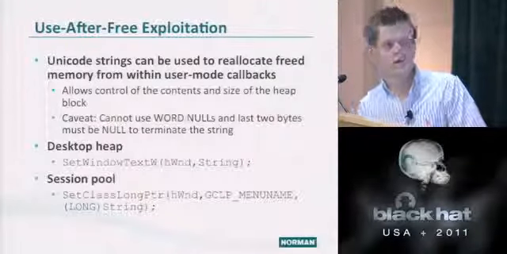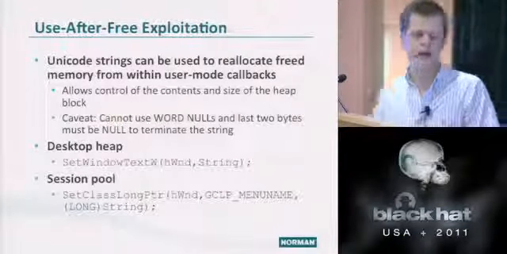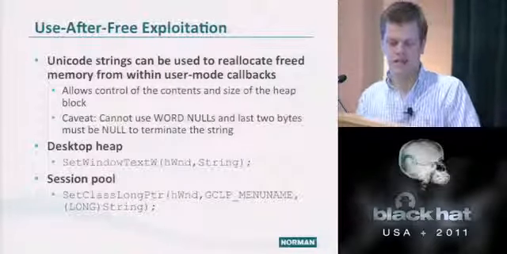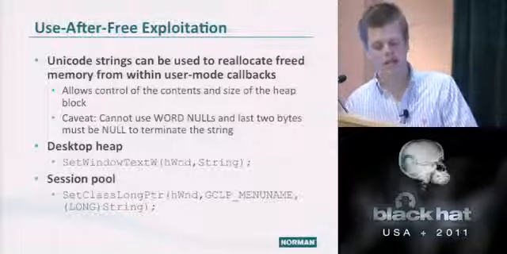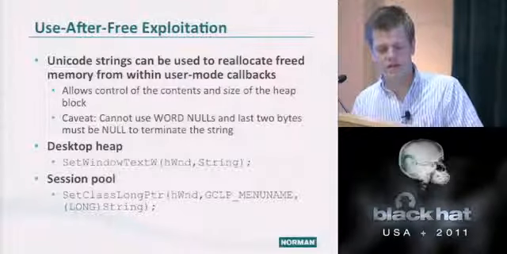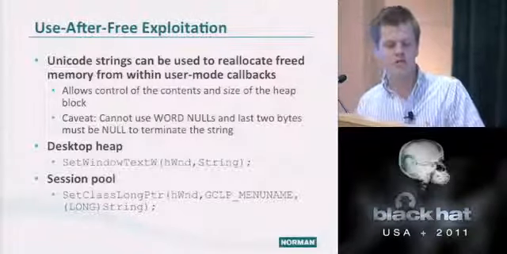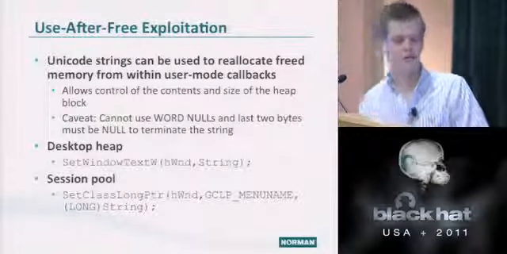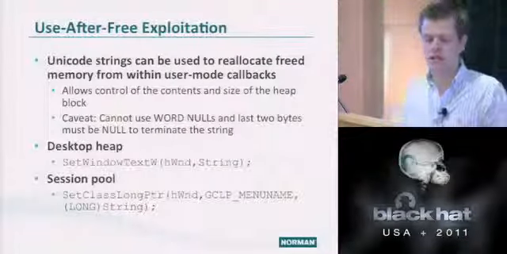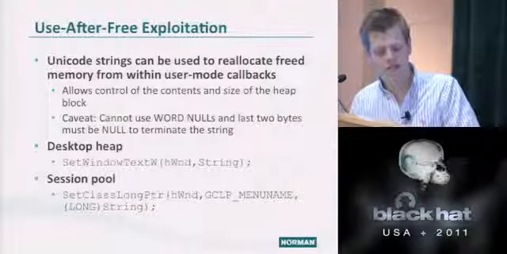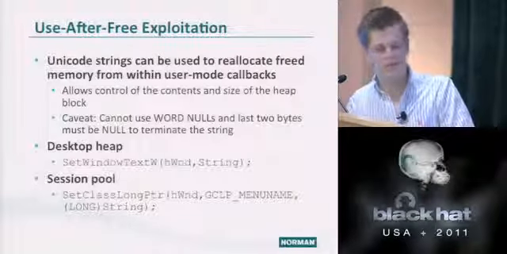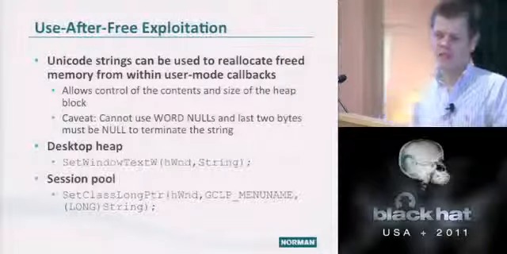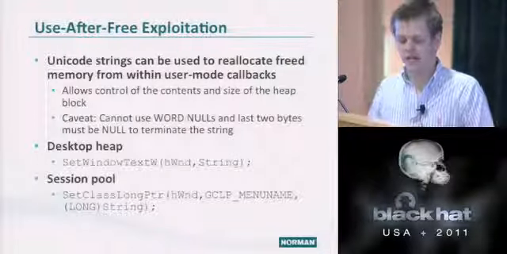For exploiting use after free vulnerabilities, we can use Unicode strings to reallocate the memory from the user mode callback. This allows you to control the size and the contents of the heap block, so it's very flexible. The only caveat is that you cannot use word nulls, and the last 2 bytes of the string obviously have to be a null terminator.